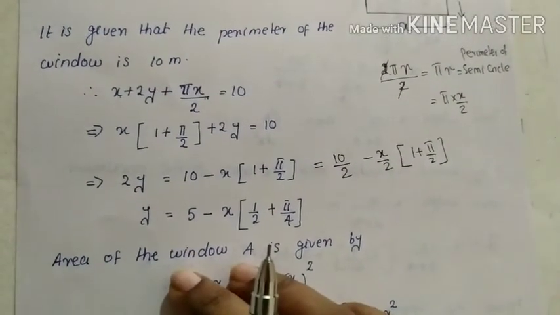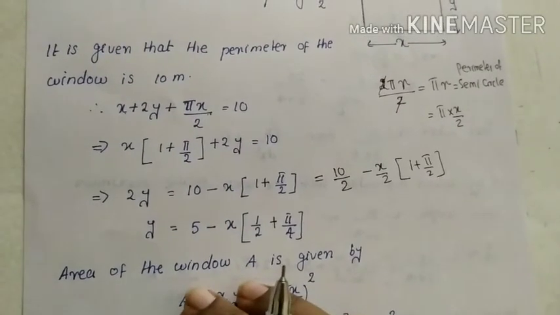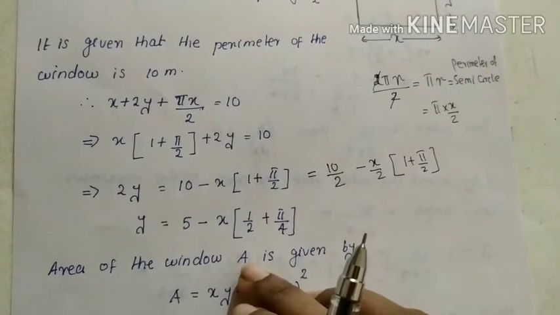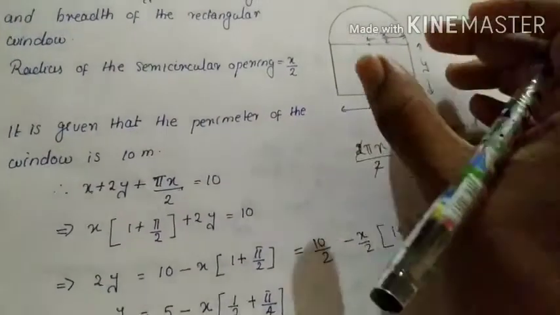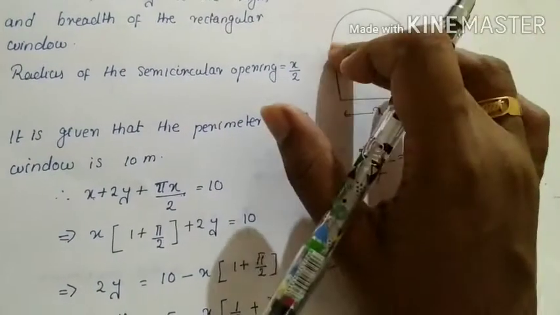Next we need to find out the area of the window. The area of the window A is given by the area of this rectangle plus the area of this semicircle.